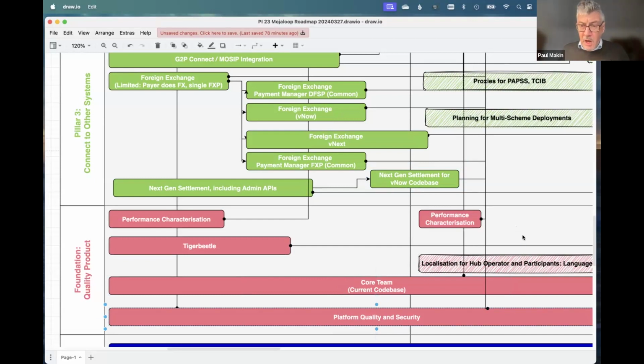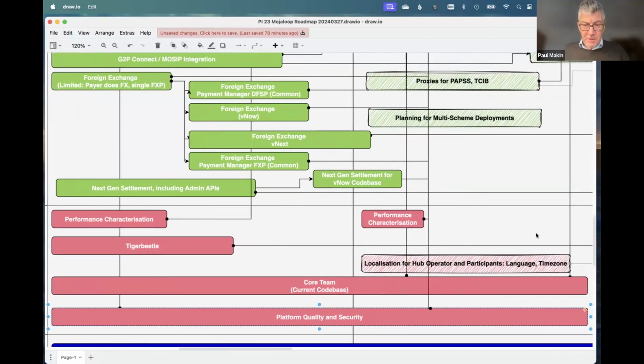The only new work stream for the quality product platform is in localization. There has been demand from some hub operators that we do better support for both participants and hub operators. By participants, I mean DFSPs, in terms of language and time zone. We've done some work on this already.